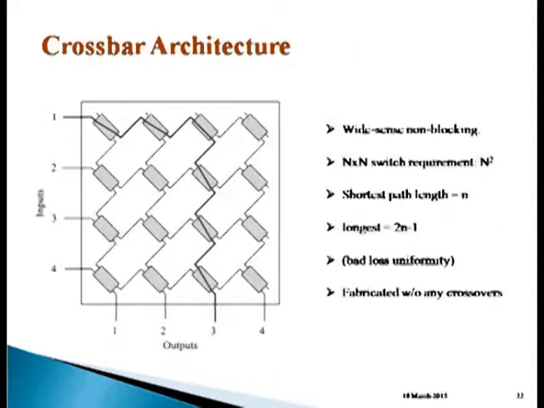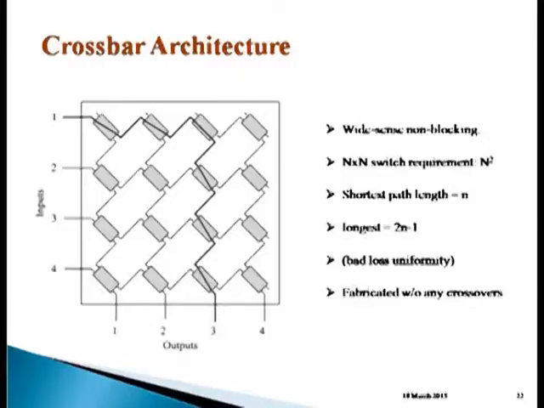So this is an example of designing a large architecture. You can see it has 16 small 2x2 switches, but using this architecture we are actually designing a 4x4 switch. Once we design a principal element 2x2, and connect these 16 elements in this fashion, which is known as the crossbar architecture, we can come up with a 4x4.